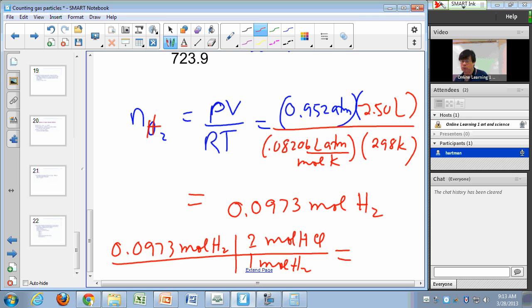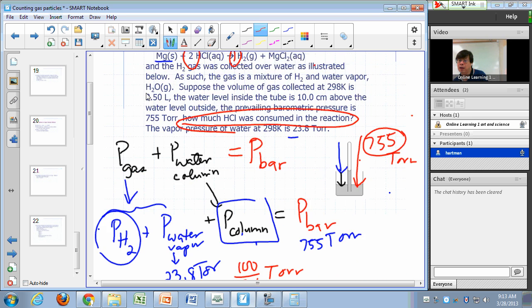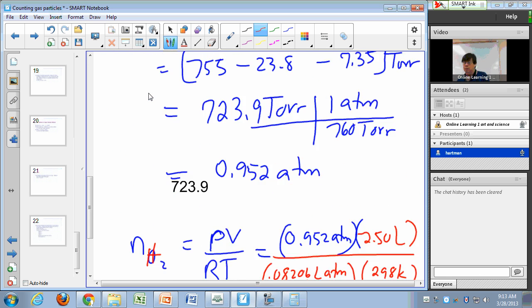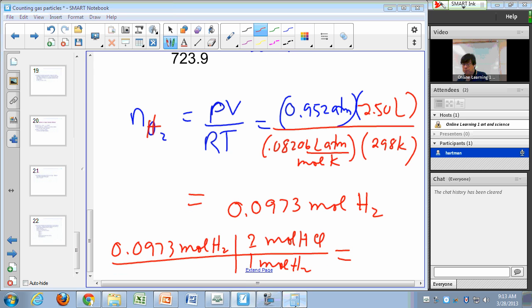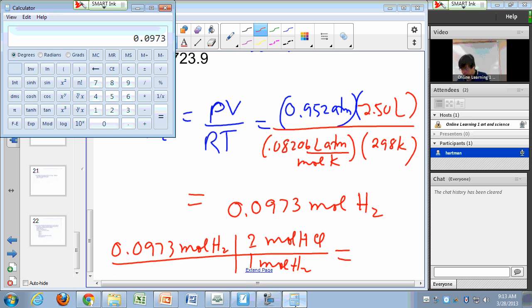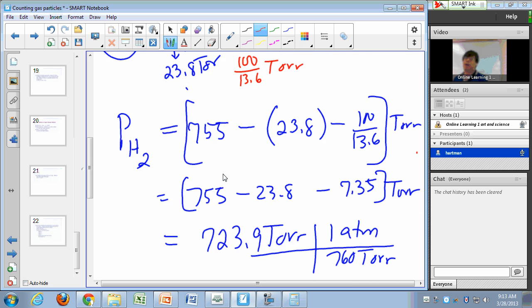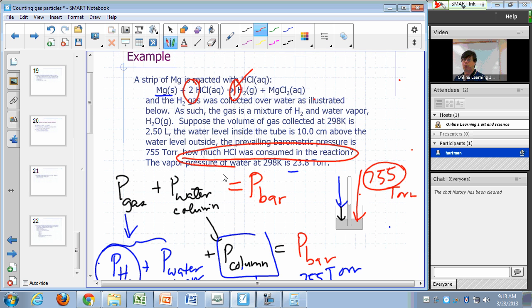Let's just verify. It's 2 moles of HCl for 1 mole of H2. All right. So 0.0973 times 2 divided by 1 is 0.195 moles of HCl. So that would be the answer. That would be the amount of HCl that was used up in this reaction, 0.195 moles of HCl.